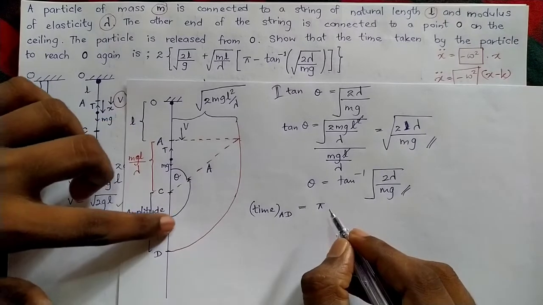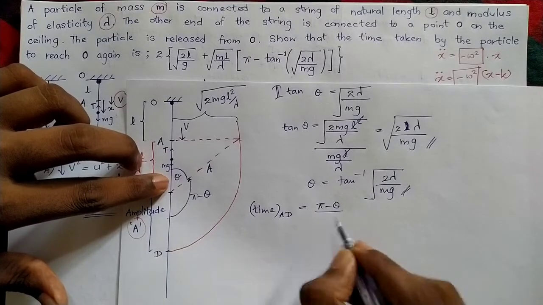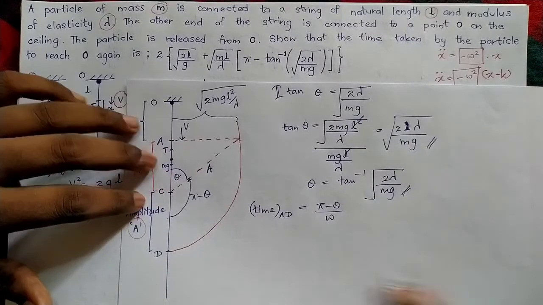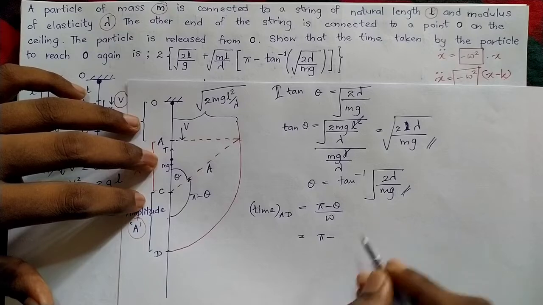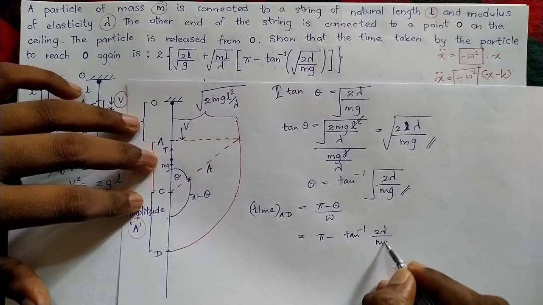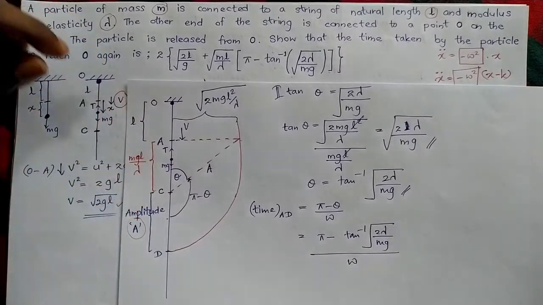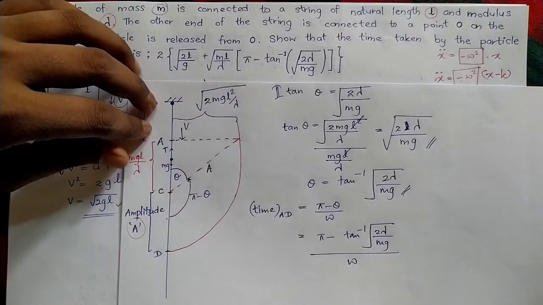What is the total angle? Pi minus the small theta, divided by omega. That is pi minus theta, where theta is tan inverse of square root of 2 lambda over mg, divided by omega. I'm not going to substitute omega yet.